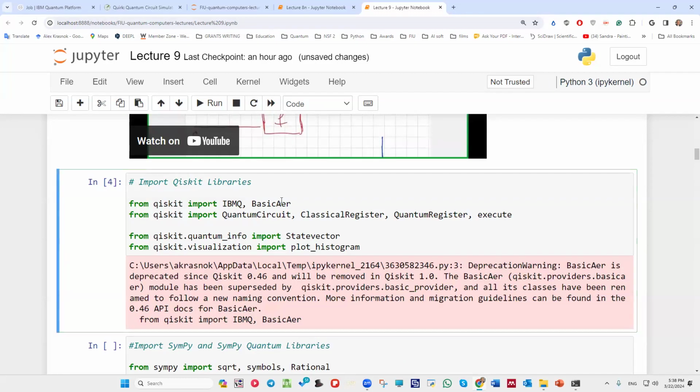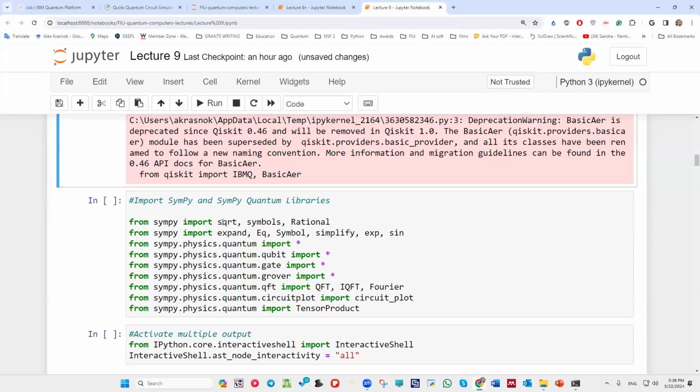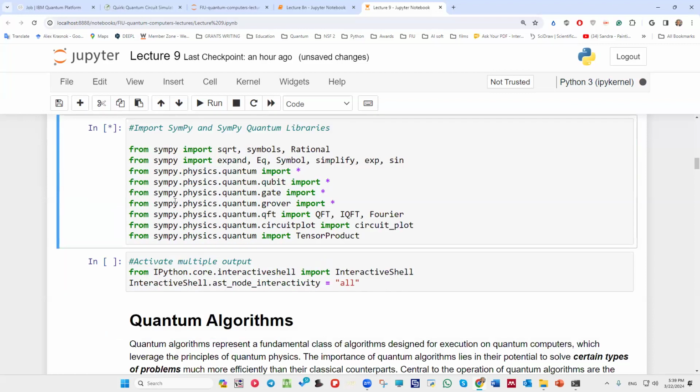And SymPy Quantum, which we will also probably use. So it works a little bit slow today.